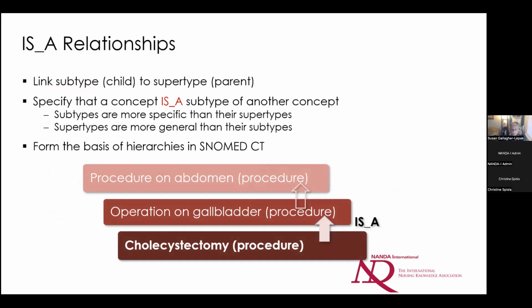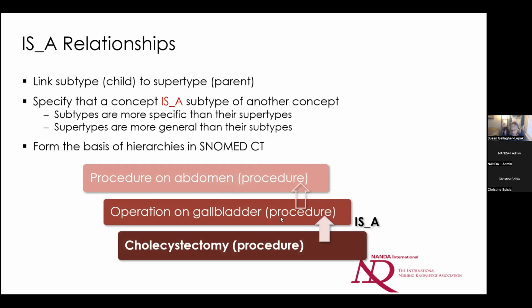And here's a great example that came in just in time. So here's an example of our ISA relationship, our parent-child relationship. We're going to use our cholecystectomy example again. As we go up the hierarchy, we can see that our concepts are getting broader and broader, because a cholecystectomy is a type of operation on the gallbladder, and the operation of the gallbladder is a type of procedure on the abdomen.